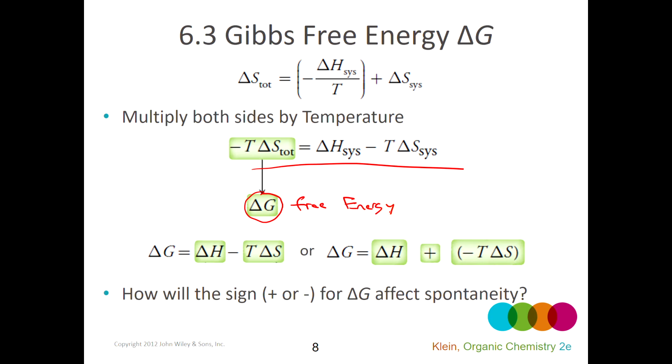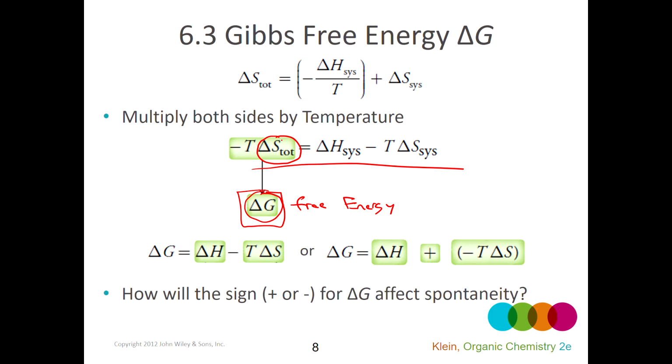And when we did Gen Chem 2, we said delta G is a great way to determine if a process is spontaneous or not. The reason that's true is because delta S total is really the ultimate way of determining whether a process is spontaneous or not.